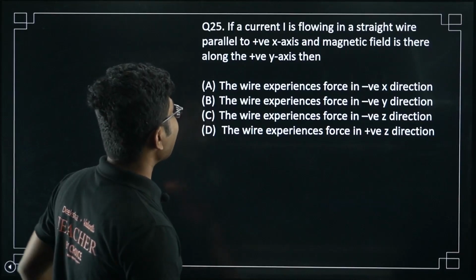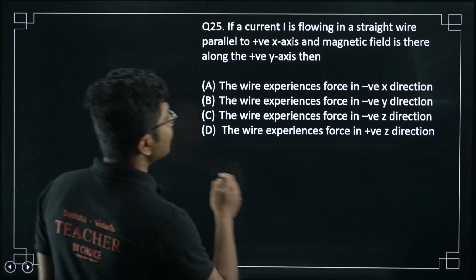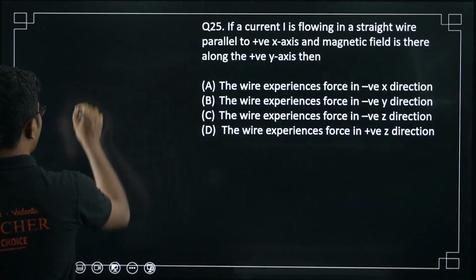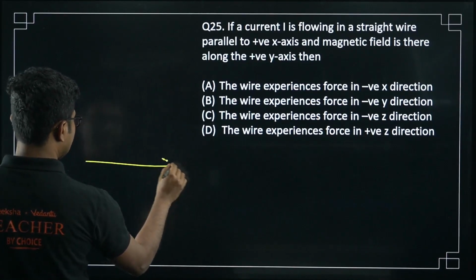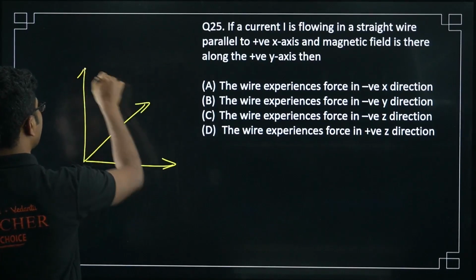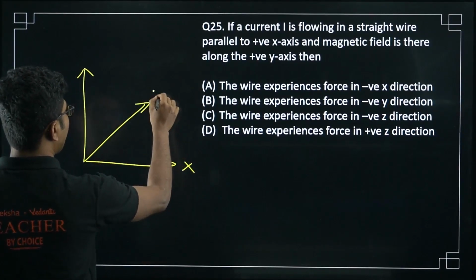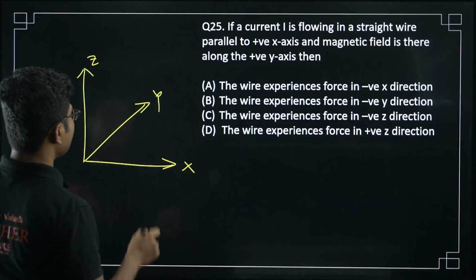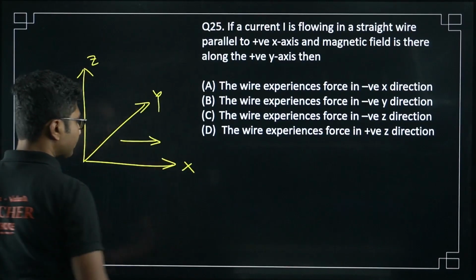Let's see. Suppose this is my x, y, z. Let me draw it this way, it will be easier to understand. So current I is flowing in the x direction.